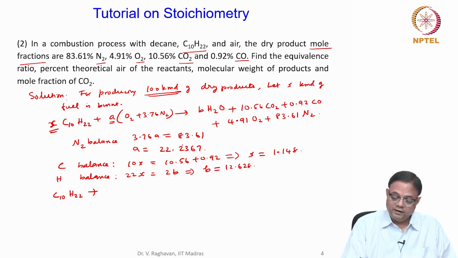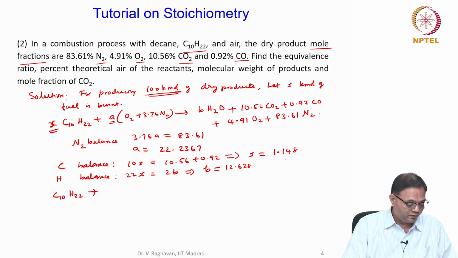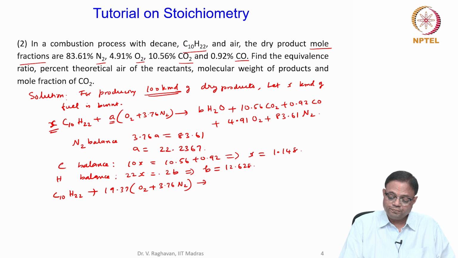So that means A has to be divided by 1.148. So I can say it is 19.37 times O2 plus 3.76 N2, giving B, which is actually 12.628 divided by 1.148, so I can say it is 11 times H2O.